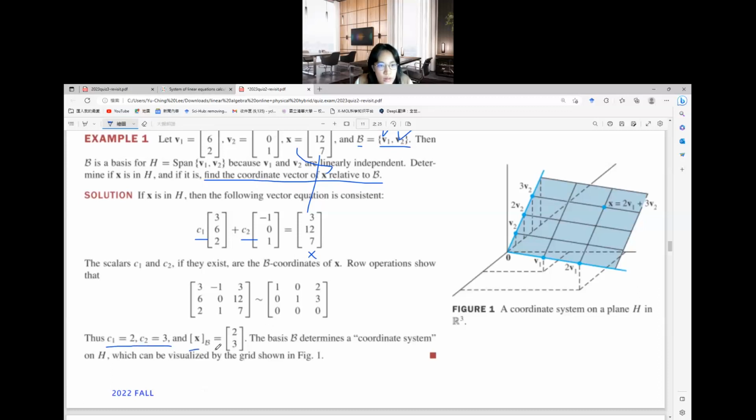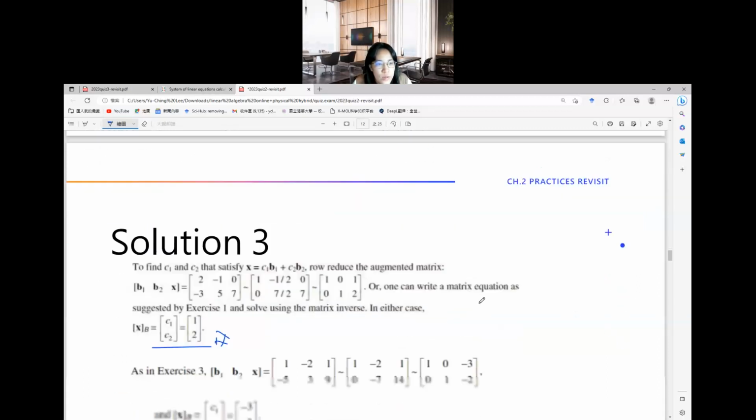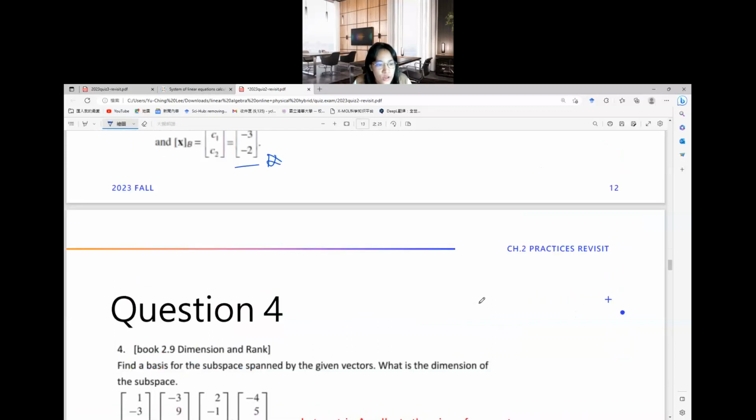And thus the coordinate vector of x related to B, or B coordinate vector of x, is 2, 3. This is my coordinate vector of x related to B. Okay, now we're done with question 3.